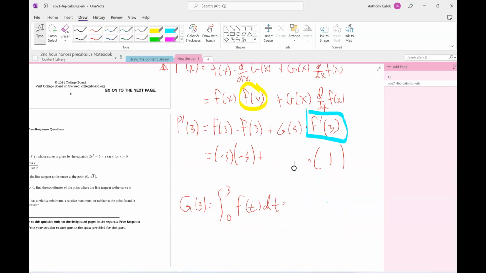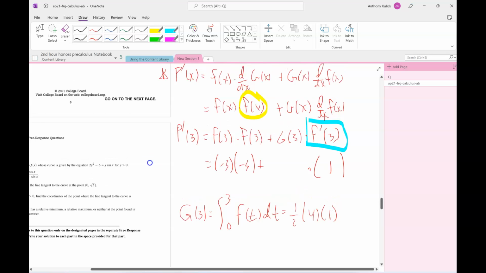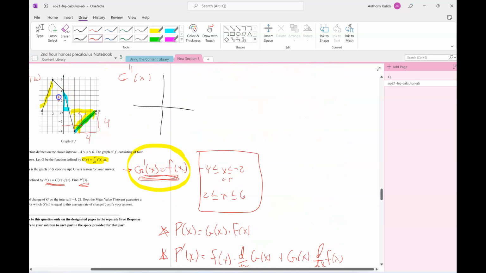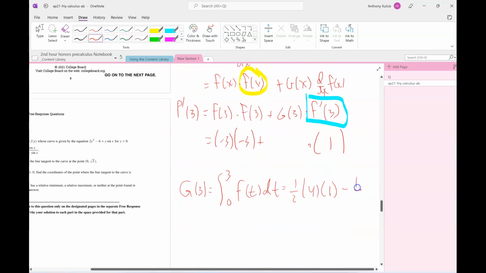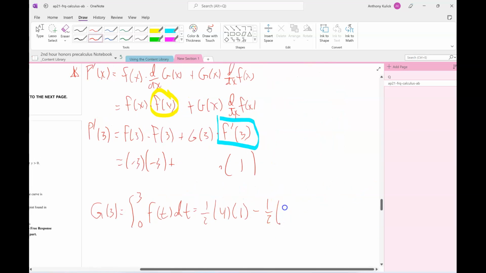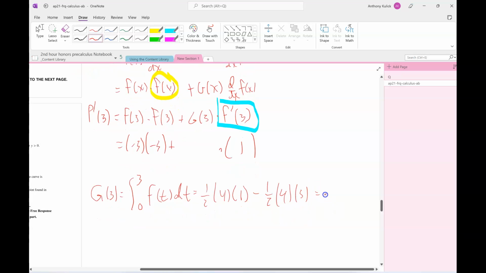So g of 3 is going to be 1/2 times 4 times 1 for the first triangle, because we're 4 high and 1 over. The second triangle we have base 5 and height 4. So we're going to have minus 1/2 times 4 times 5. So that gives me negative 16.